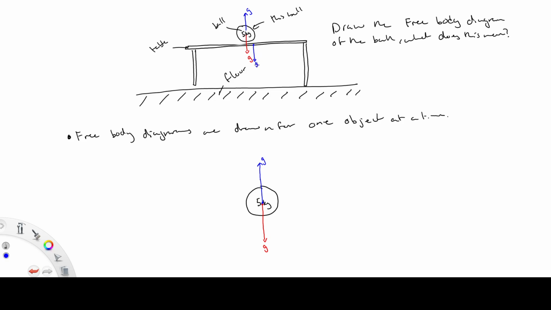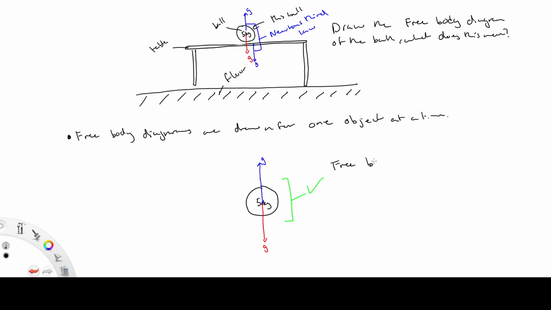This G is not due to gravity, rather it is due to the ball. So this here is Newton's third law, equal and opposite forces. Now, is this balanced? Yes. It's not moving. Does this seem correct? Yeah, this is correct. So this is all the forces acting on the ball. This is the free body diagram of the ball.